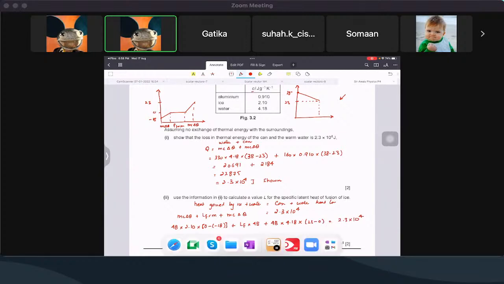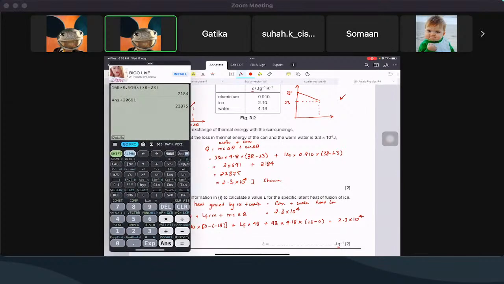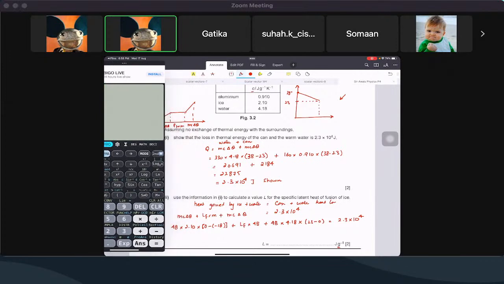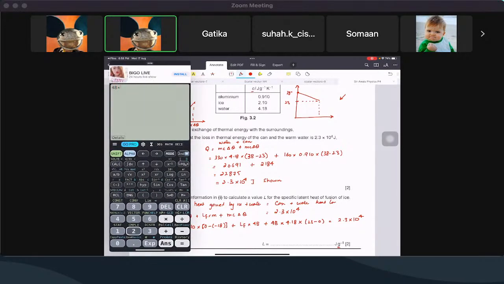So let's do this, and this is going to be 48 times 2.10 times 18 plus 48 times 4.18 times 23. So this is 6429.12 plus 48 times LF equals 2.3 times 10 raised to power 4.